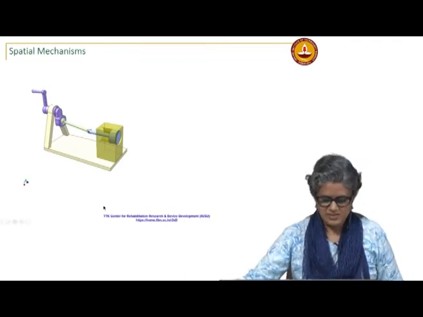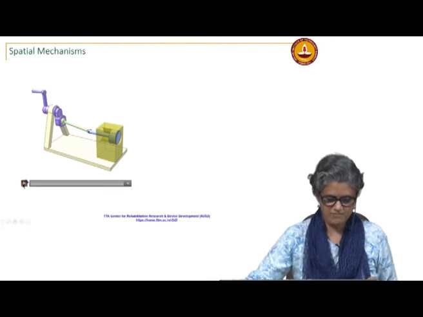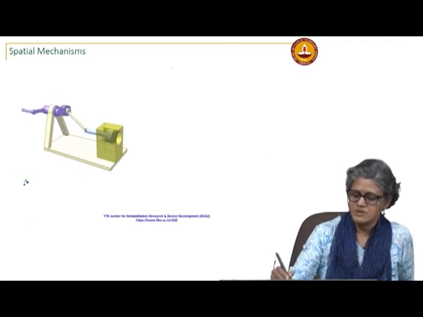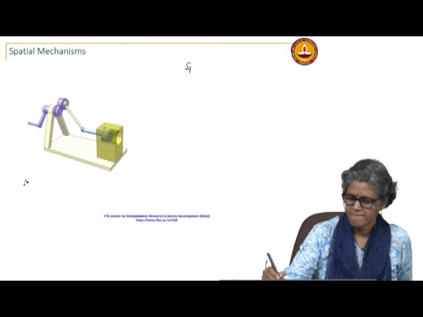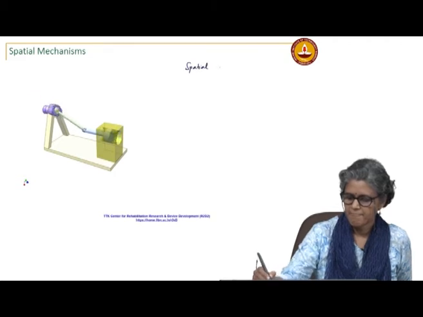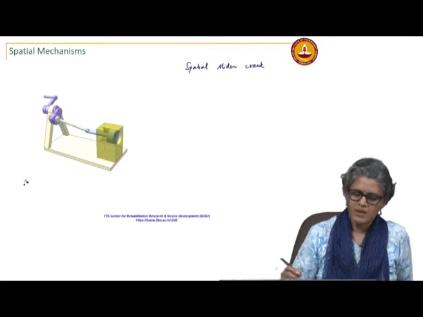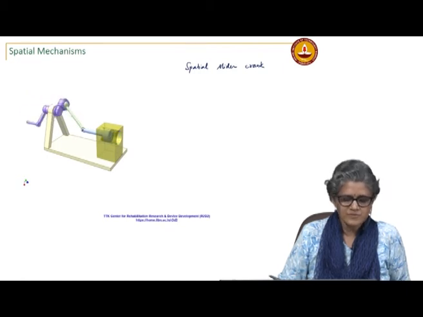this is the spatial version of a slider crank. This is your spatial slider crank. I want you to identify the joints and calculate the mobility of this mechanism.